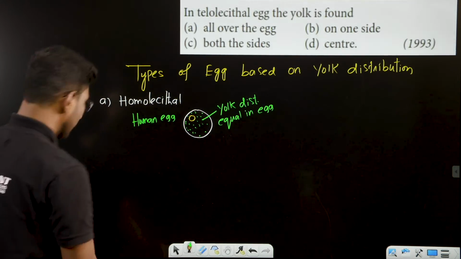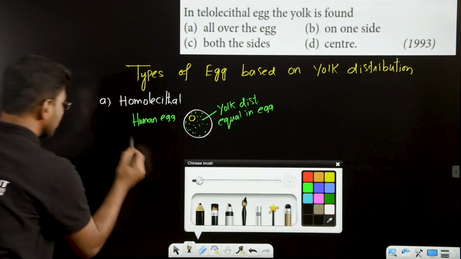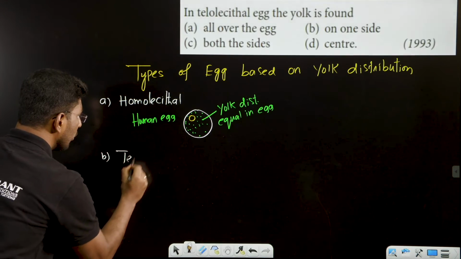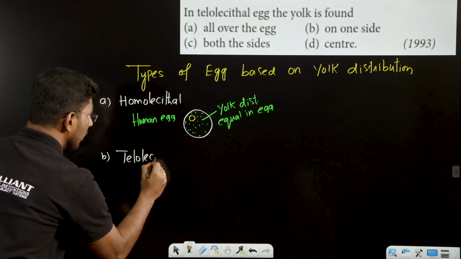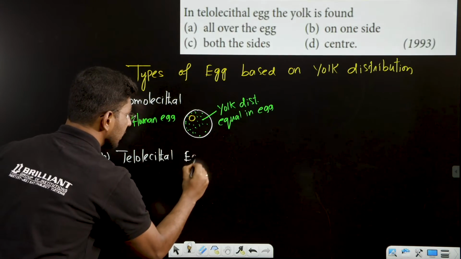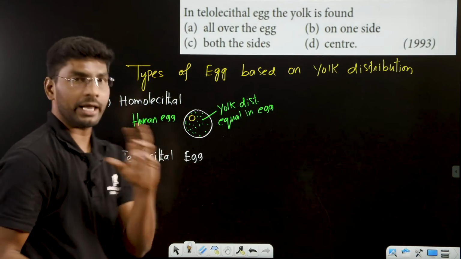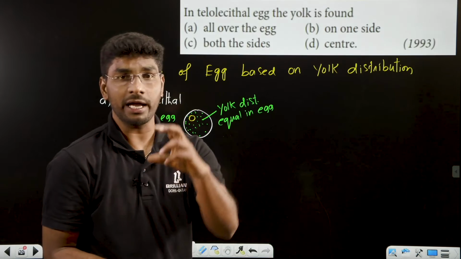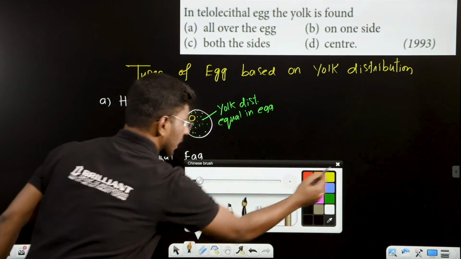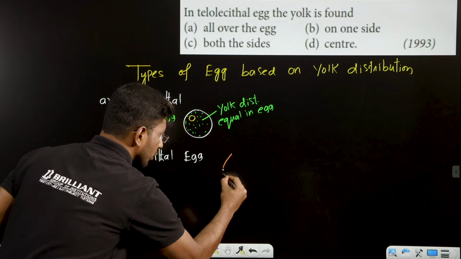Second type of eggs are called telolecithal eggs. To understand telolecithal eggs, just assume a chick egg. When we boil the egg and draw the diagram, this is the chick egg.